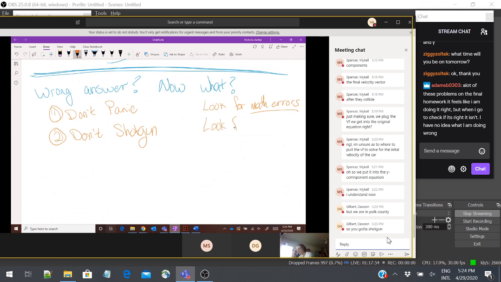Look for units, like millimeter and kilometer, things like that. Did that mess you up somewhere? Especially if you're pretty sure you're doing the approach right, those are some things to look for.